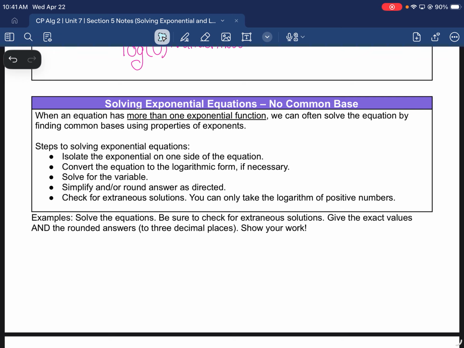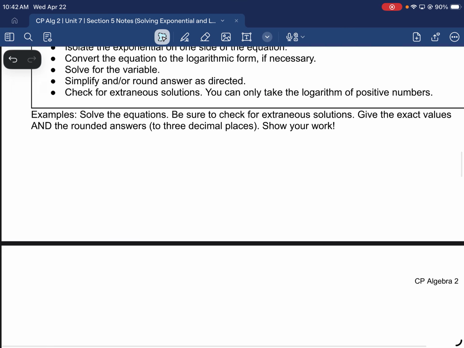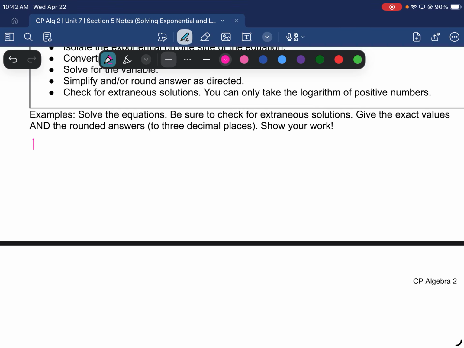Now, when we only have one exponential, I'm going to want you to change it to a log. So, get it by itself, change it to a log, then solve for the variable. I'm going to probably ask you for the exact answer and the rounded answer, and then you're going to have to check them. You can use your calculator to check them. All right? So here is our first example.